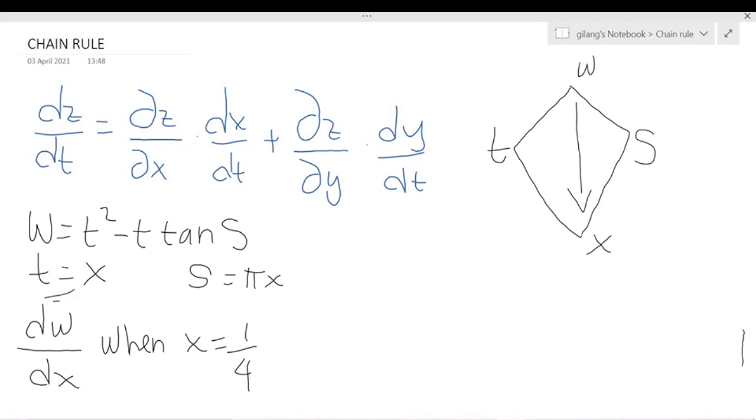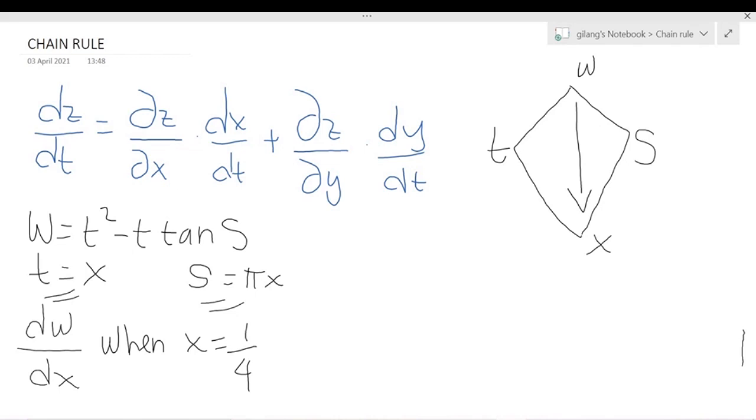So this is t and this is s. As the question mentioned, t equals x and s equals πx.